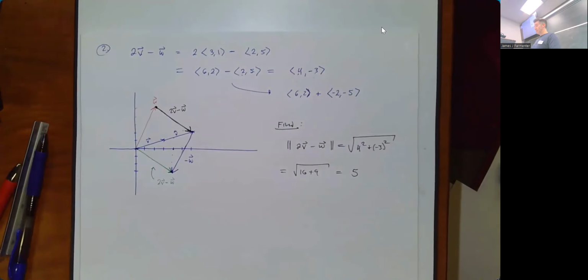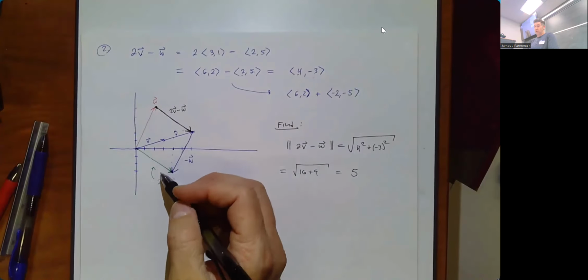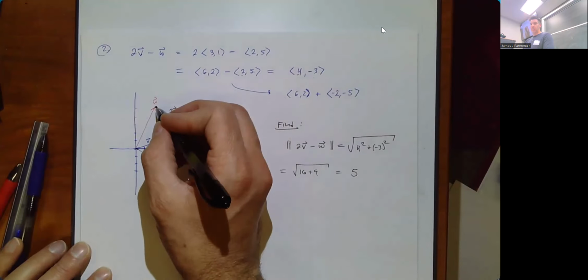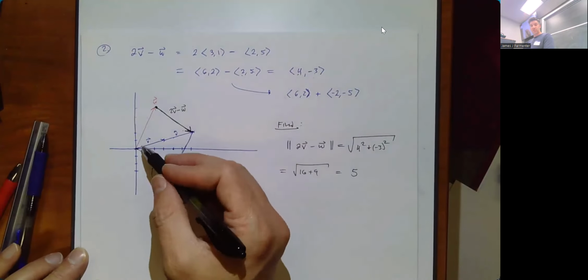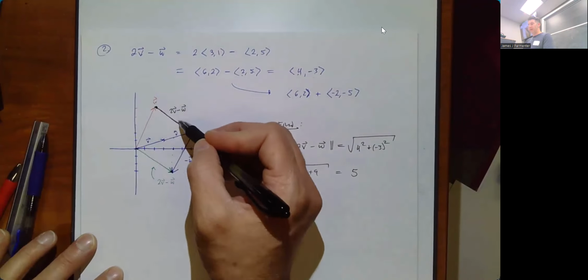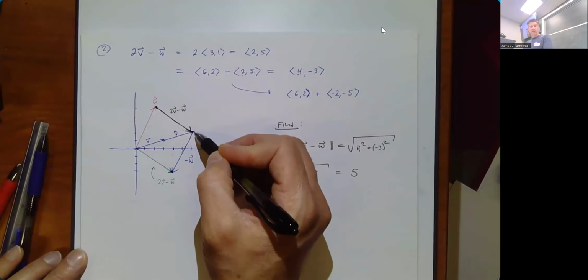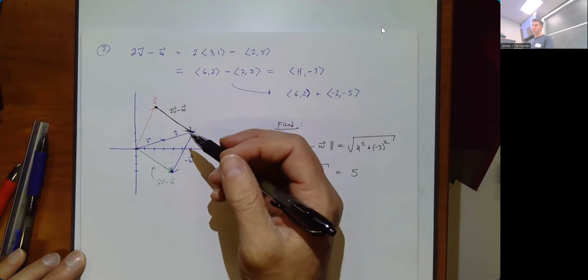And again, this is a trick I remember learning when I took linear algebra, where you can draw the vector 2v and w, and if you want to find 2v minus w, you start at w and you end at 2v, which feels kind of funky, but it does work. And we can see that it works because literally these vectors, whether I draw that one or that one, they do point in the same direction. Cool. Good, I'm glad. Because I didn't really have a better way of explaining it, so I'm glad you see it.